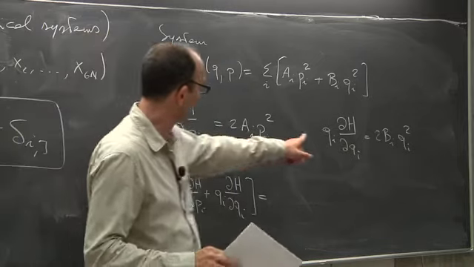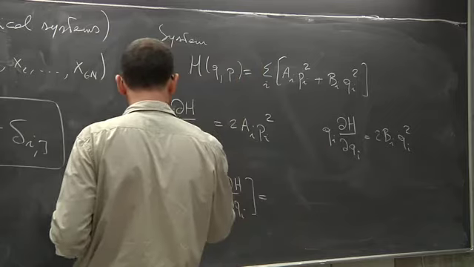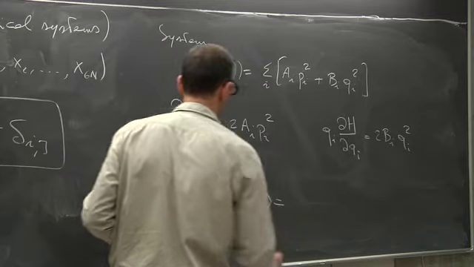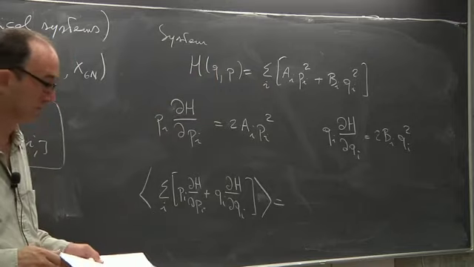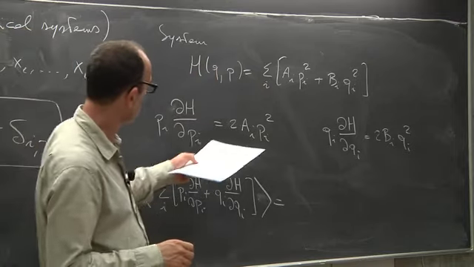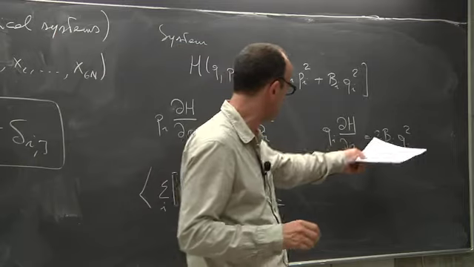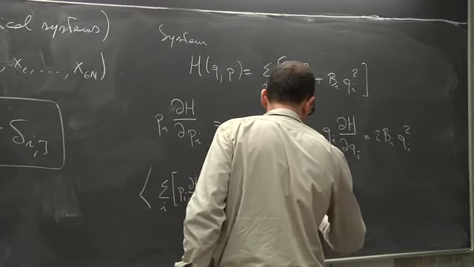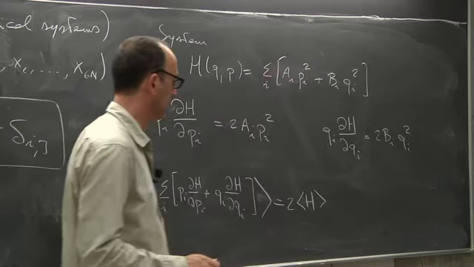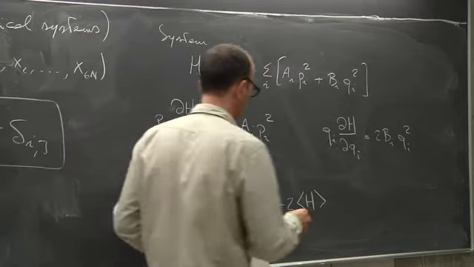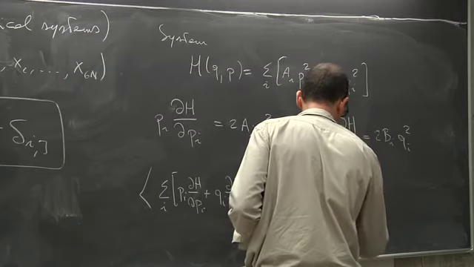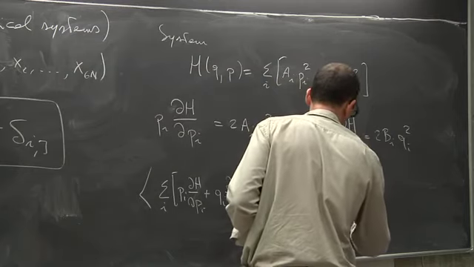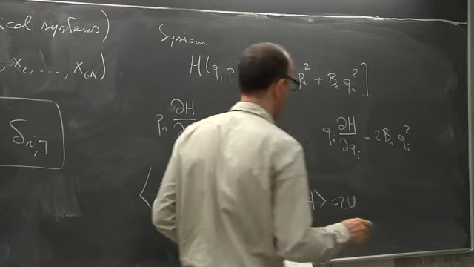If you combine these and you take the average of this on the canonical ensemble, if you combine this equation and this equation, you will get just twice the expected value of the energy, so twice the average energy.